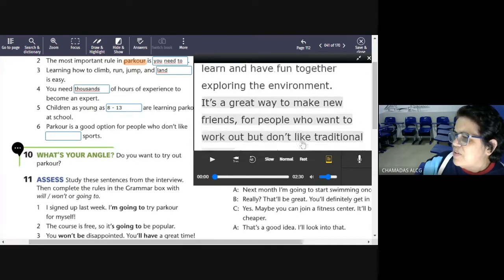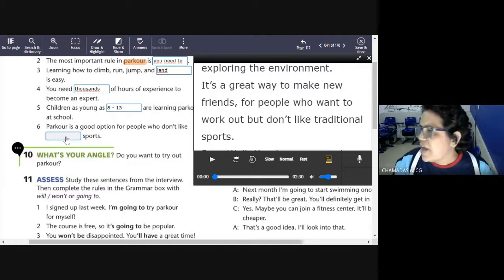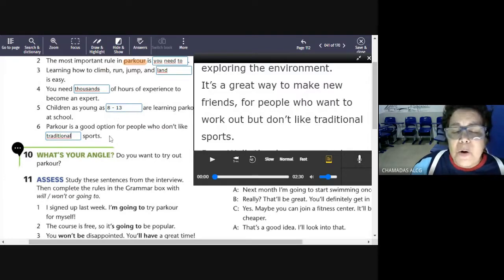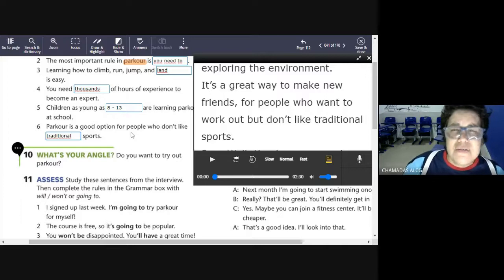So look, or who don't like traditional sports. So we just have to put here the word traditional. Okay, because you can practice parkour on your own. You don't need to do it in a group, only if you want to, right? Some people practice in groups, but it's not a team sport, okay?